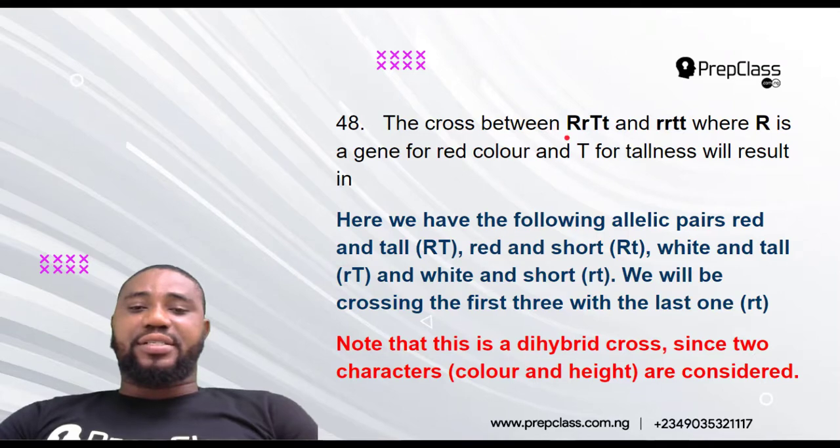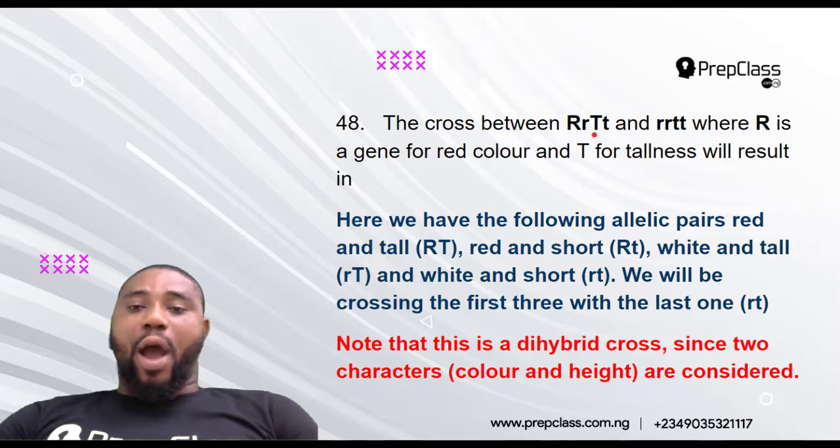So we have the following allelic pairs. Since capital R is for red and capital T is for tall, red and tall is capital R, capital T. Red and short is capital R, small t. White and tall is small r, capital T. White and short is small r, small t. So in the first one we have red and tall, capital R, capital T. We have red and short, capital R, small t.